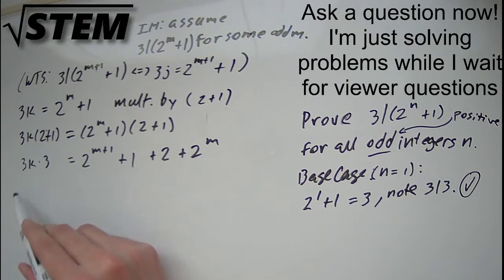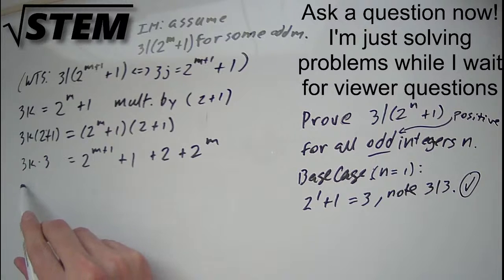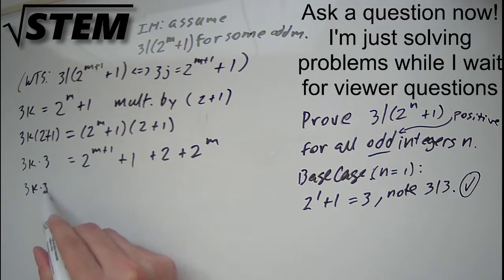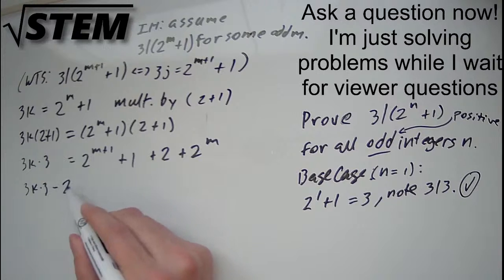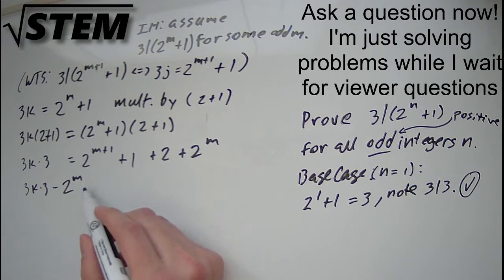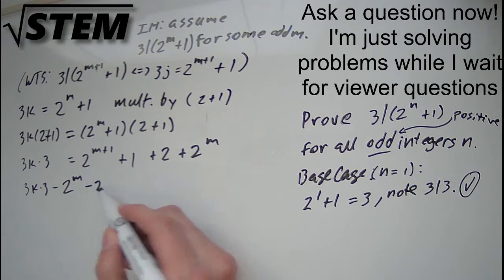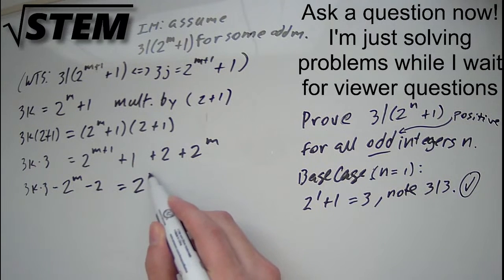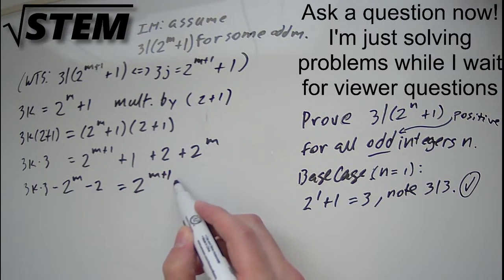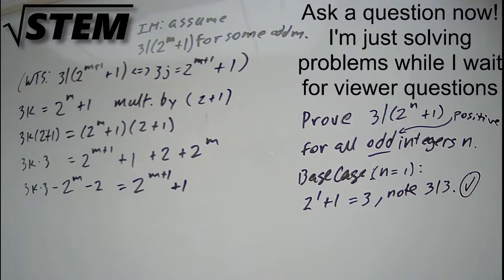We'll get that 3 times k times 3 minus 2 to the m minus 2 is equal to 2 to the m plus 1 plus 1. The question is, can we turn this into 3 times an integer?